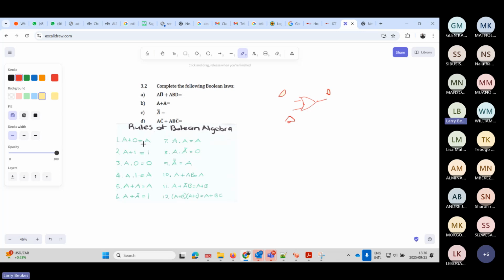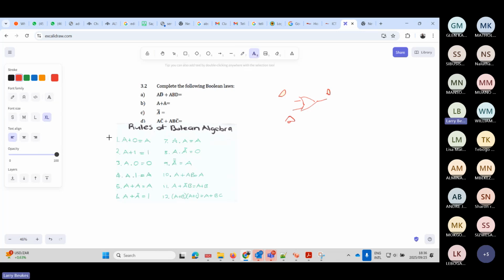This law is basically the identity law. It's just saying that whatever you OR with a 0, the output will be that thing, right? So whatever we ORed with a 0, this is the output. So A OR 0 gives A. This is called the identity rule.